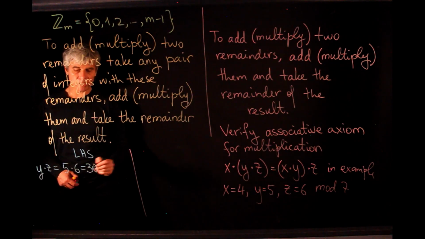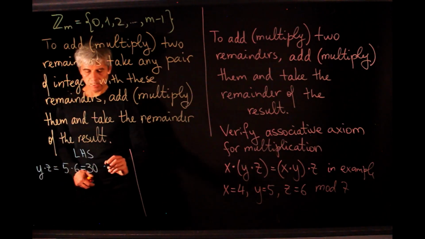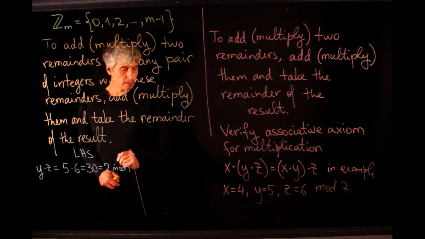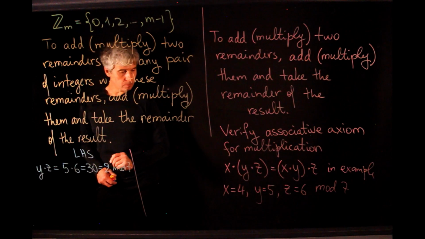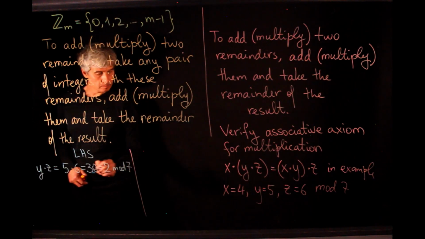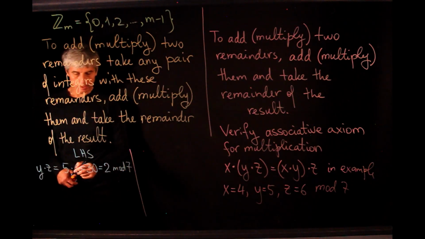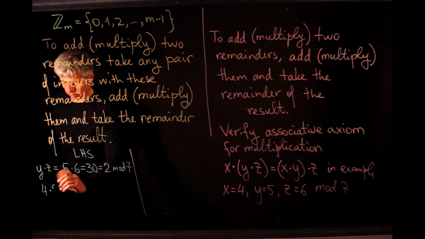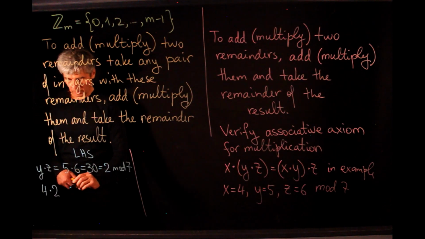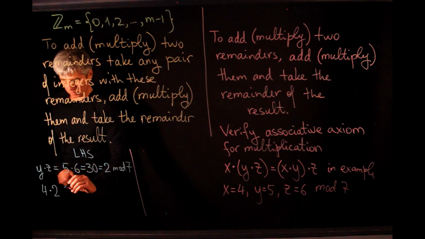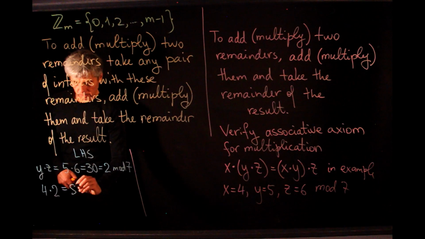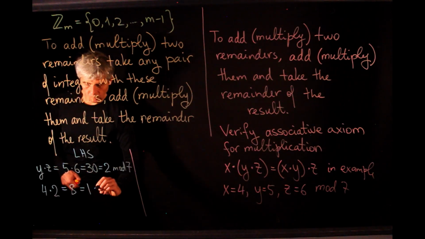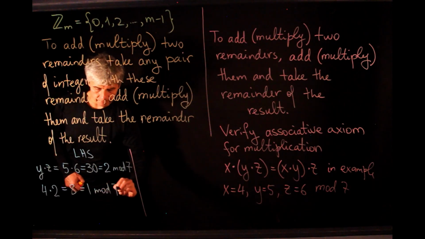So we subtract 28, which is a multiple of 7. So we get 2 mod 7. Right? And what is x times yz? So we have 4 times 2. So that is 8. And so the remainder is 1, mod 7.